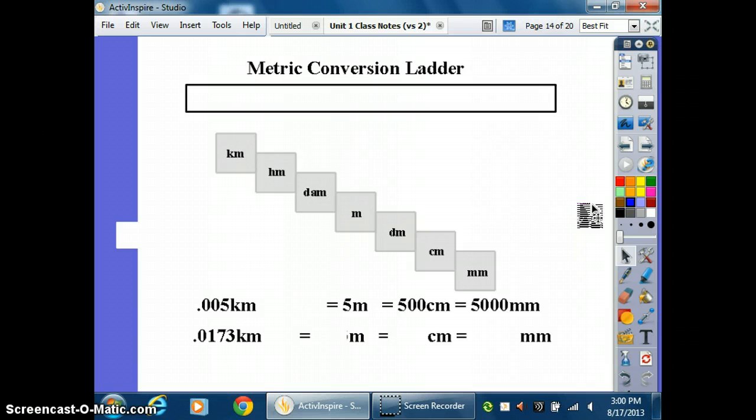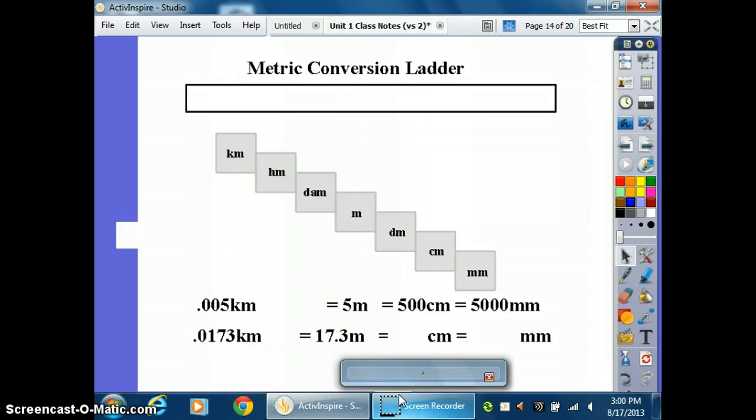Let's do that again with the next one. The number is 173 ten-thousandths of a kilometer. This is tenths, hundredths, thousandths, 10,000ths. So to move to meters, remember we go 1, 2, 3. Step 3 steps down. The decimal moves 3 places. 1, 2, 3. 17.3.